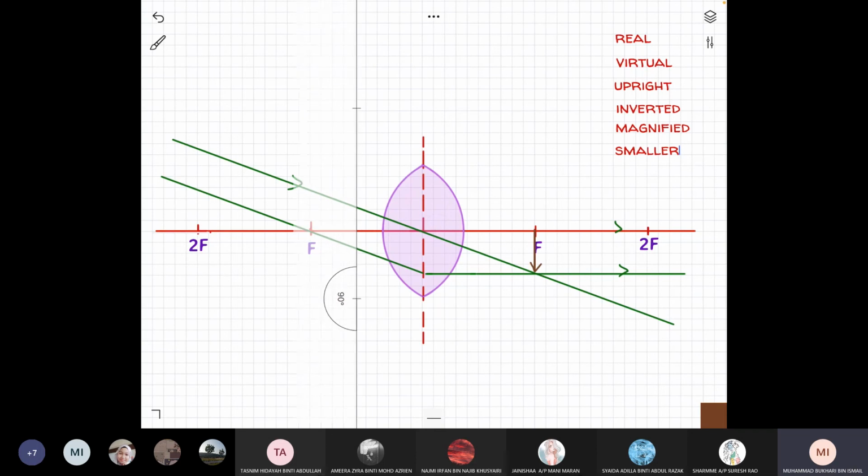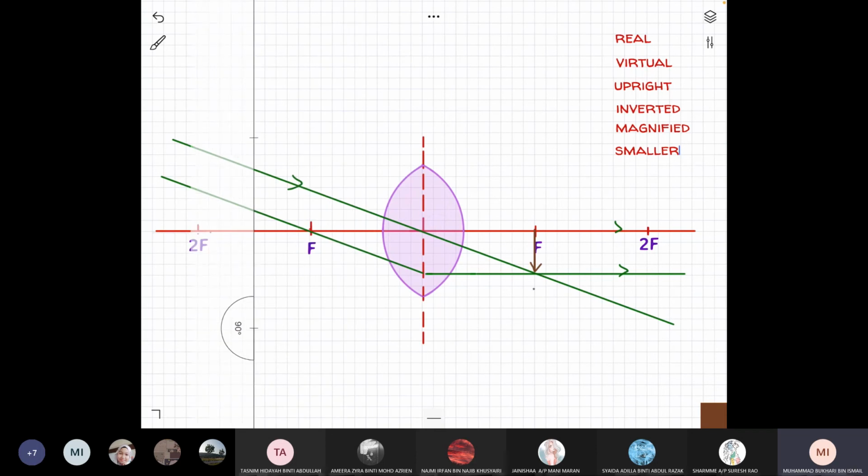I stands for image, O stands for object. But in this case, you cannot see the object because it is very far away. For example, the sun can be the object, so you cannot see it in the diagram. The image of the sun is at F.